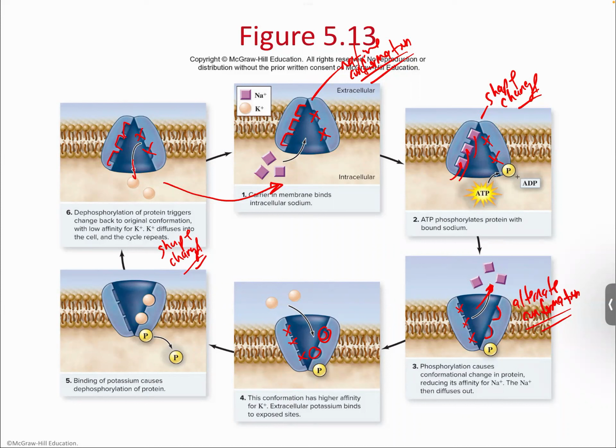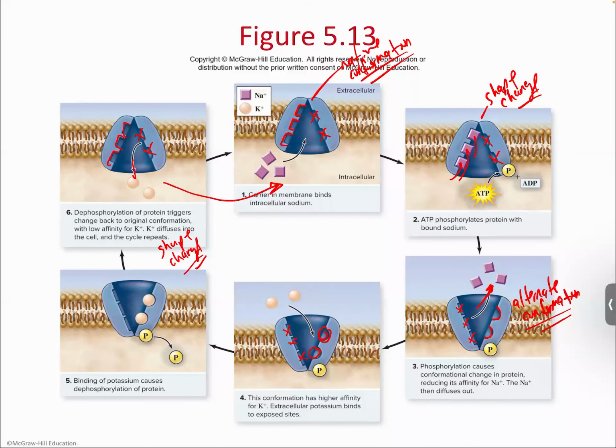Right? So basically what you have is kind of a mechanistic cycle, if you will, of shape change. On one side, you have your sodium potassium pump. It's going to be available for sodium. It's going to pick up the sodium. Then it's going to hydrolyze the ATP. It's going to go through a shape change. Once it changes shape, it basically dumps the sodiums out on the other side, grabs the potassium, and goes through a shape change.